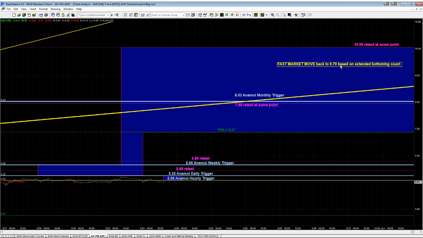Just to give you an idea about how bullish the stock is down here for me, and how many different approaches I can use to prove in my work at least that it's bullish. This note right here, a fast market move back to $9.70 based on extended bottoming count. What that means is within this 5-minute price bar fractal, I have this proprietary bottoming and topping count that I track.